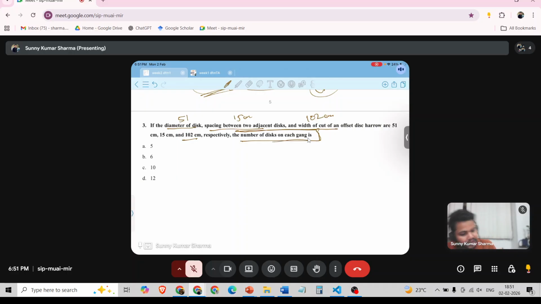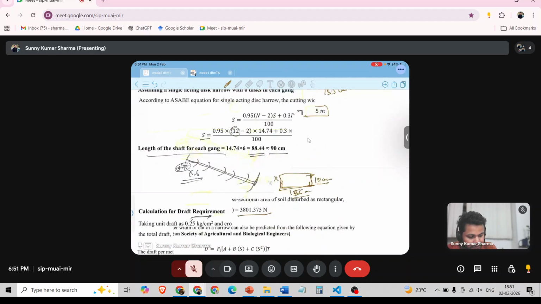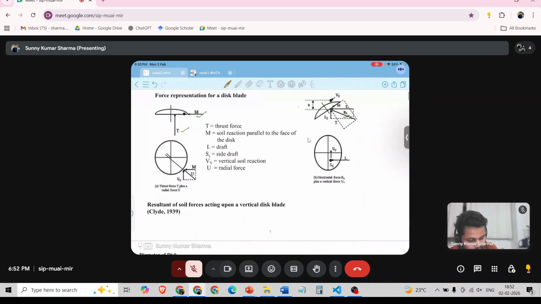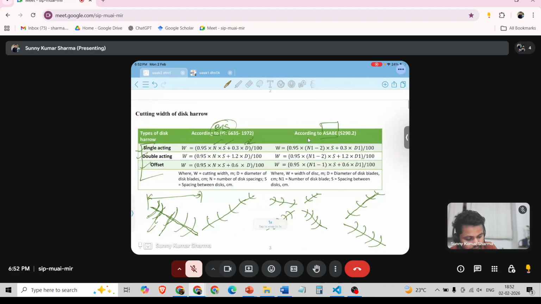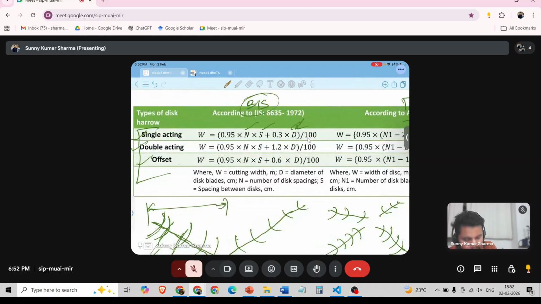Now for this, the width of cut is given. We have discussed that for width we have a standard formula, either the BIS or the ASABE standard, so we will follow one standard. We discussed this in the beginning.